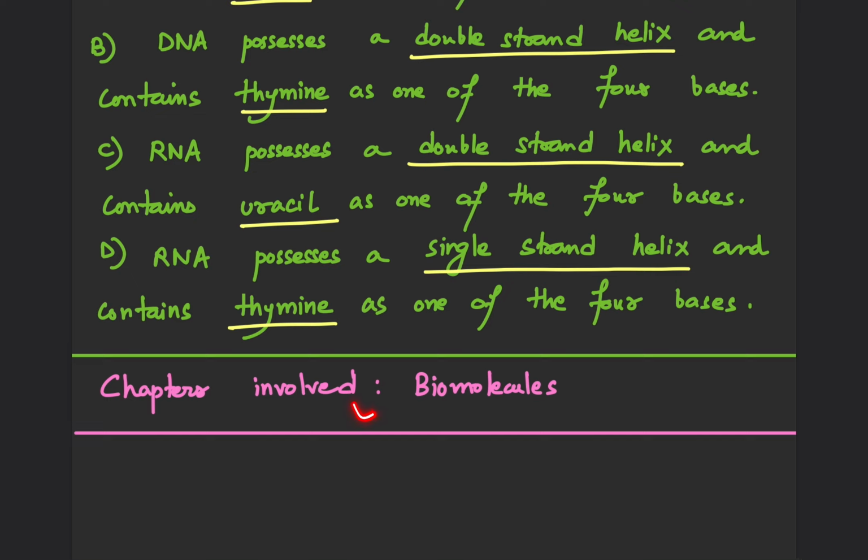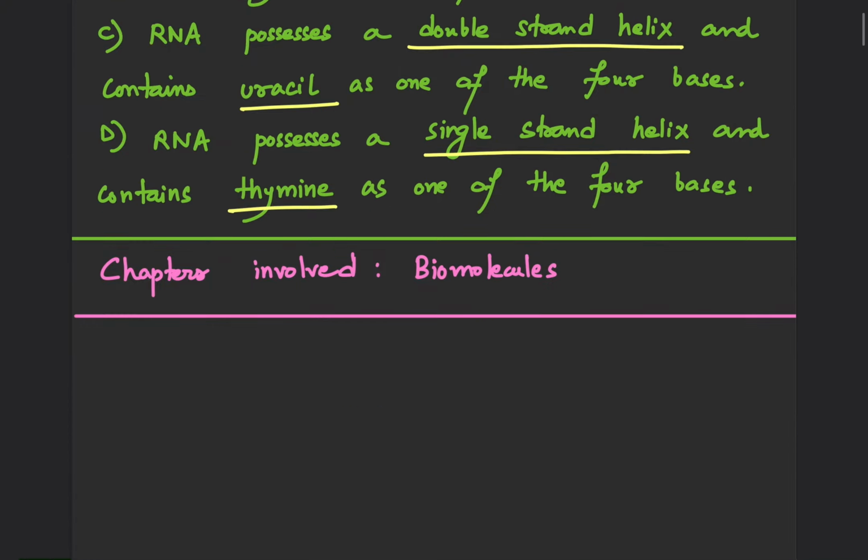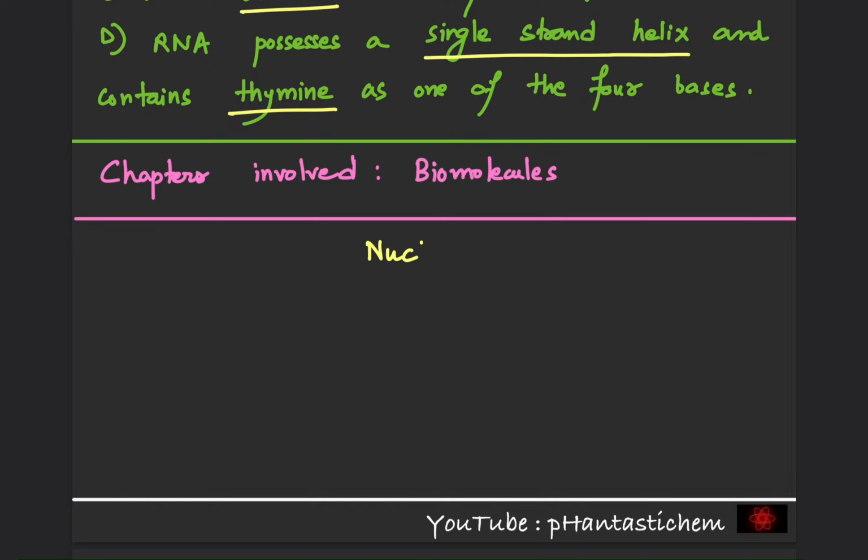The chapter involved is biomolecules. Nucleic acids are a type of biomolecules and they are mainly of two types, deoxyribonucleic acid and ribonucleic acid. Okay. So nucleic acids are of two types, DNA and RNA.